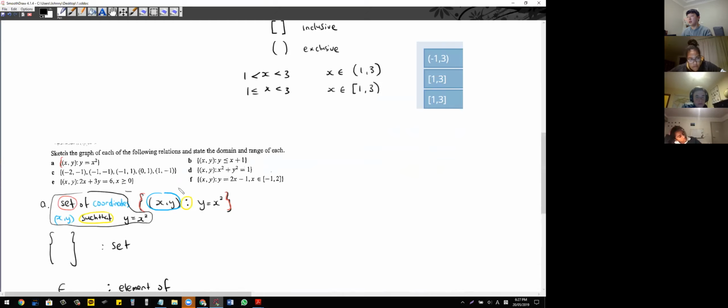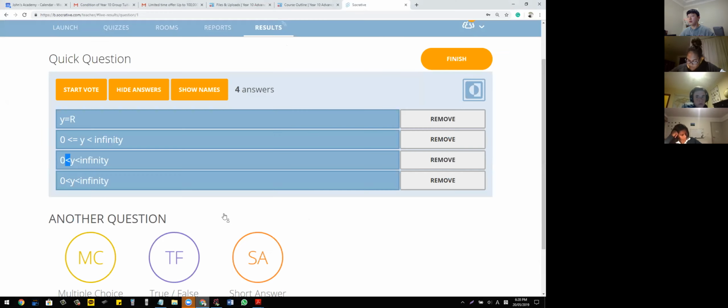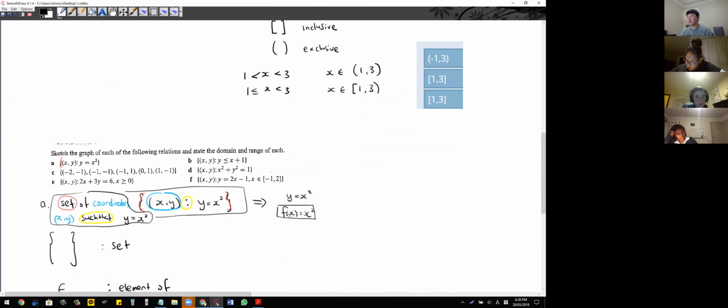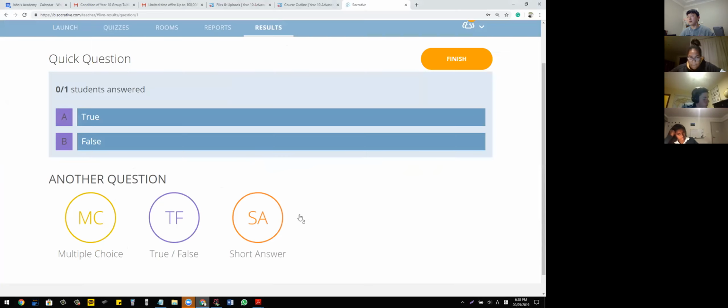So this literally means, in year 10, you guys learned this as simply y is equal to x squared. Okay? Or function f of x is equal to x squared. So I want you guys to just say true over here if you have seen this one. Of course you have, maybe, I don't know.